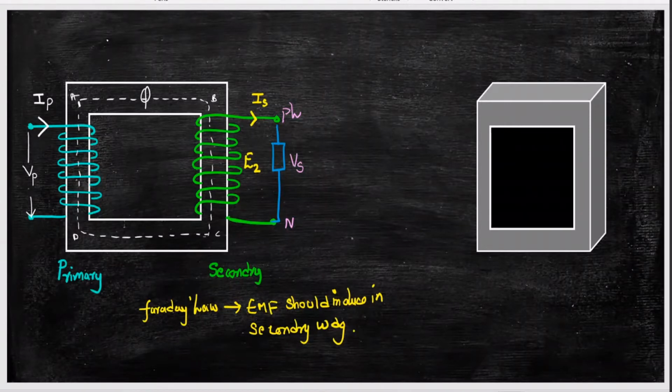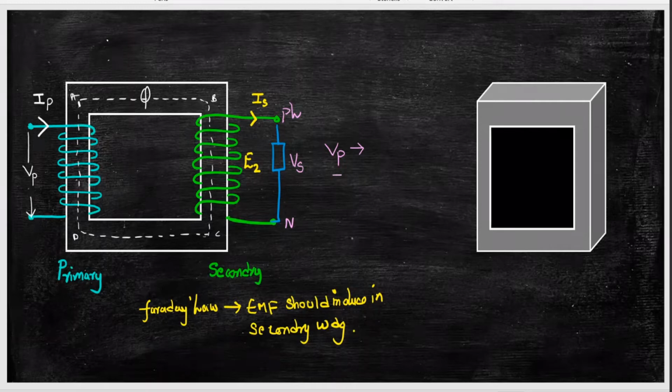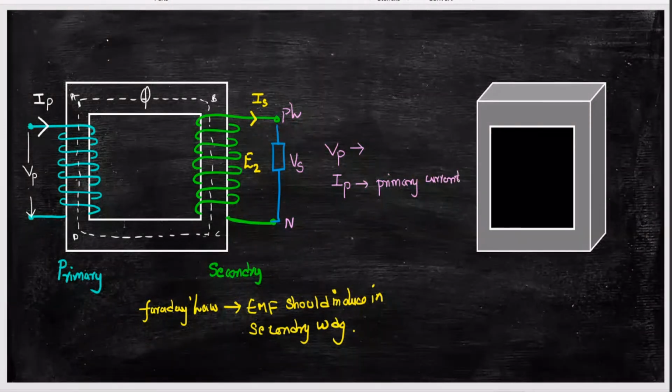So how many parameters do I have? VP is called the source voltage or primary voltage. IP is called the primary current. On the primary side, how many parameters are there?